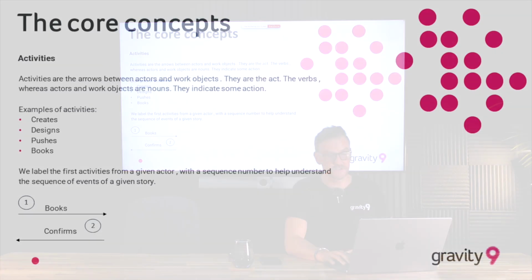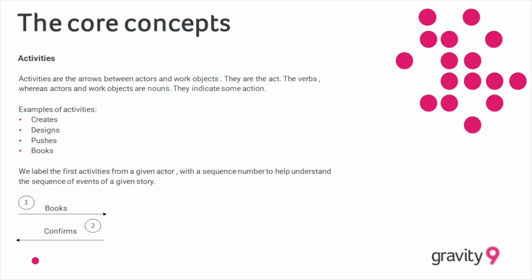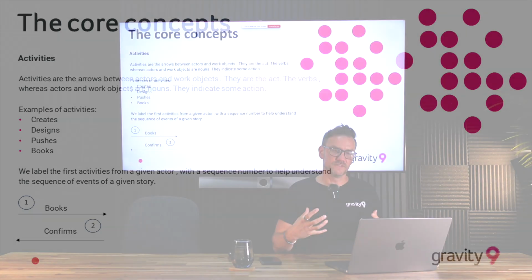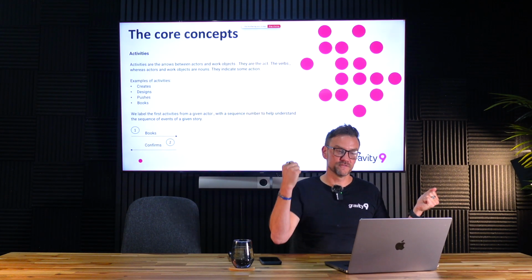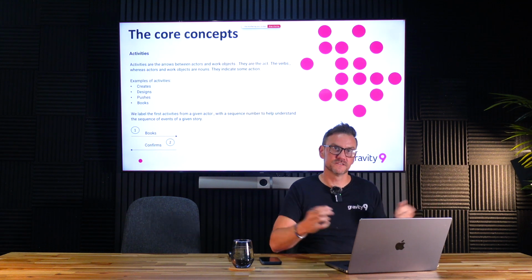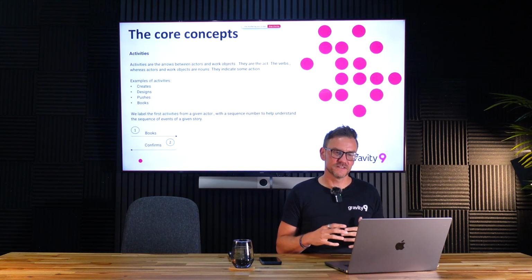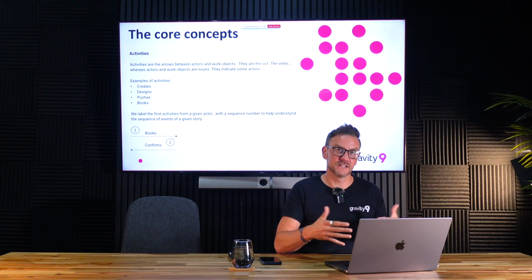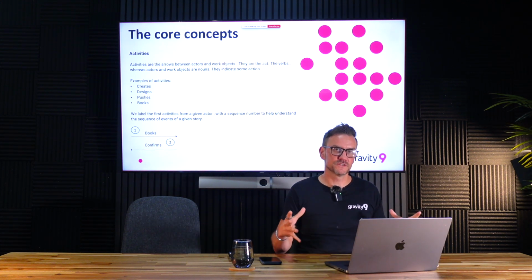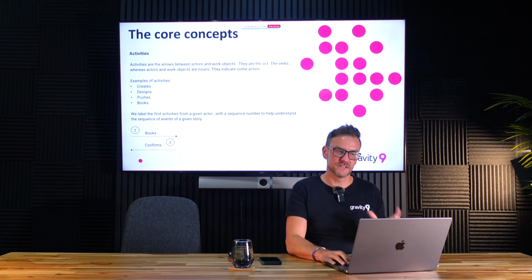That brings us to the third concept, which is the activity. We'll go into an example in just a second, but those are the three things. An actor is doing something with a work object, and that simplicity really helps bring this to life. Certainly with a broad audience of non-technical people, there are only three core concepts that you need to consume, and those are they.